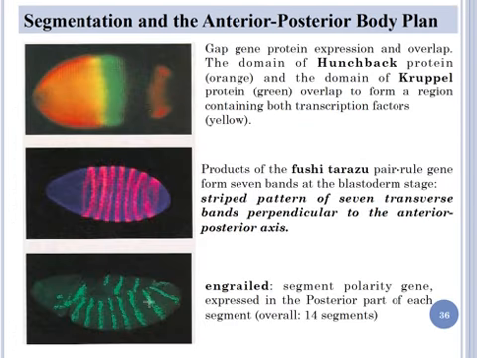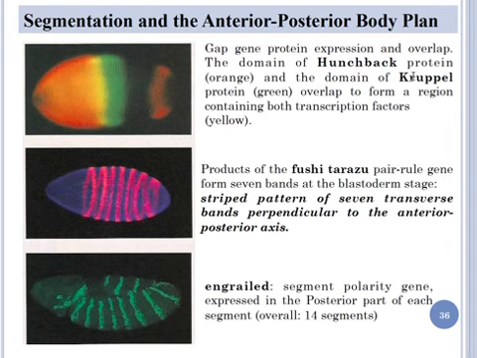Here in this slide, I'm showing you the expression pattern of these different genes I already talked about, like the hunchback gene, for example. It's one of the gap genes, and this is the domain of hunchback expression, in orange.